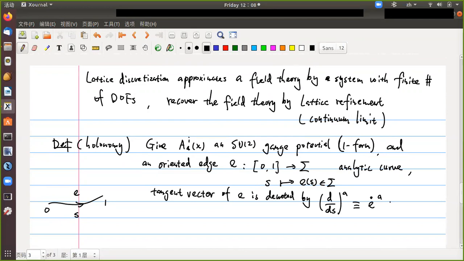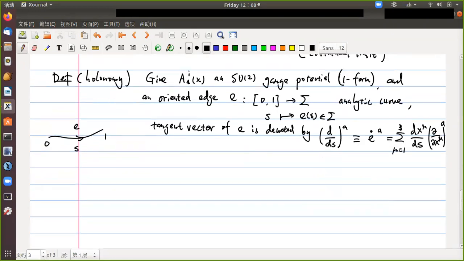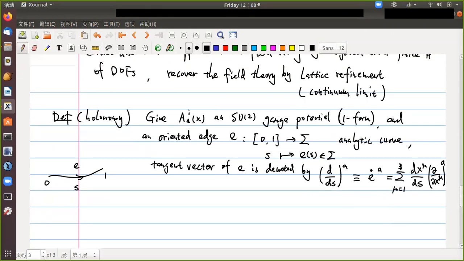And using a coordinate system x, this E dot a is just the sum over mu equals 1 to 3 of dx^mu/ds times partial mu. So using a coordinate system, we can expand this tangent vector. This is something we have learned a long time ago.